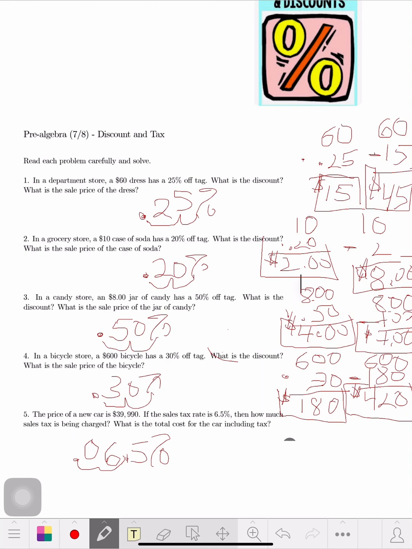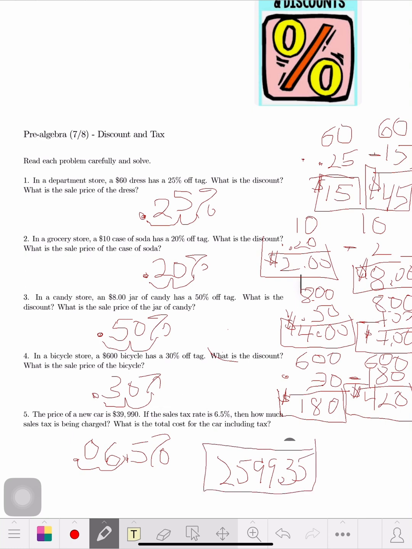So we get 39,990 times 0.065 equals, they're going to charge us $2,599.35. That's what the sales tax is going to be.